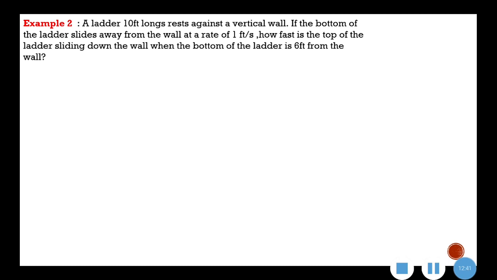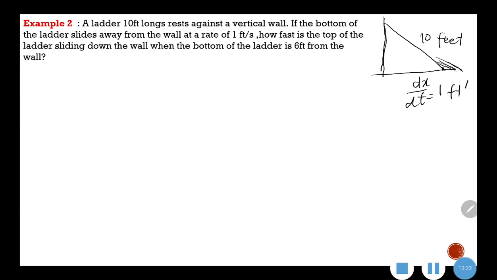It says here in the question, a ladder 10 feet long rests against a vertical wall. If the bottom of the ladder slides away from the wall at a rate of 1 feet per second, so dx over dt is 1 feet per second.